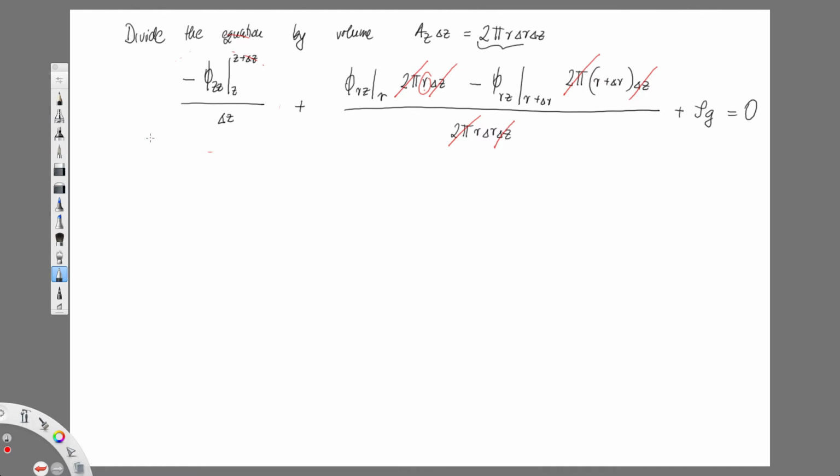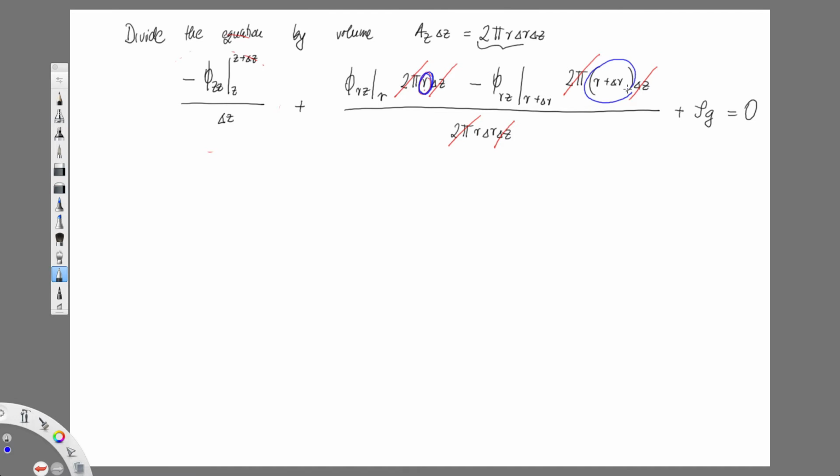Now here, one thing I have to be careful about is this function. I have phi rz evaluated at r times r, and I also have phi rz evaluated at r plus delta r times r plus delta r. So the problem here is that I have a dependence on r for this function of area.